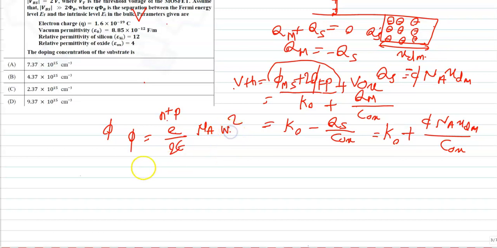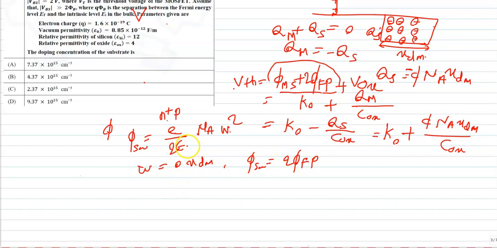So in the same way, when W equals xdm, your Fermi potential, this is the surface potential, sorry, this is the surface potential. So the surface potential will be twice the Fermi potential.